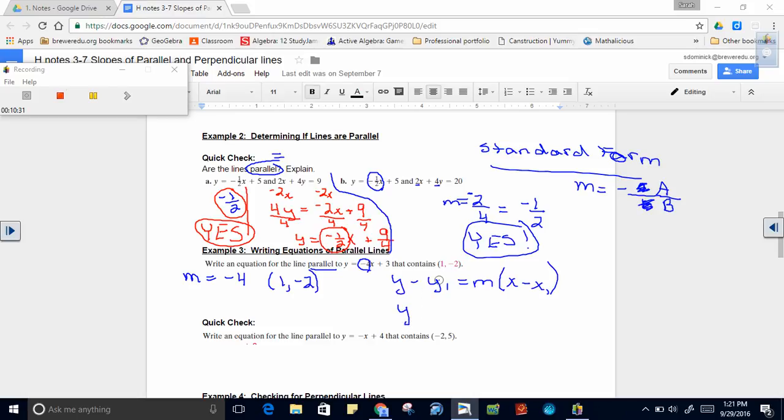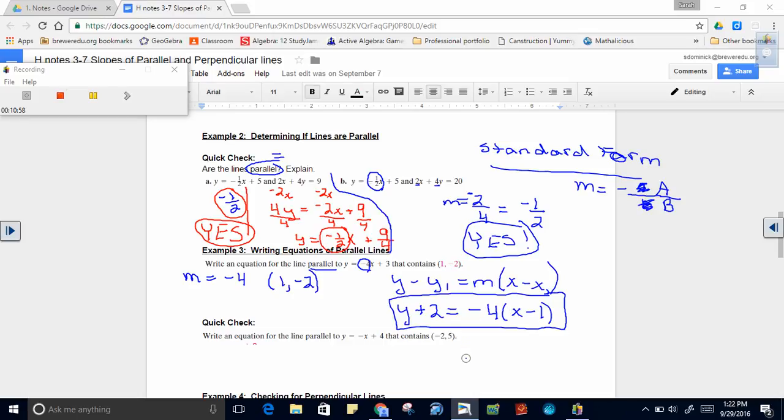I need to change the sign on my y coordinate, so that'll be a plus 2. My slope is a negative 4, because it's a parallel line. It needs to be the same as the slope of this line. x minus 1, because I'm always doing the opposite. I could definitely manipulate that and put it into a different form, but they haven't asked for a specific form, so I'm going to keep it like that.